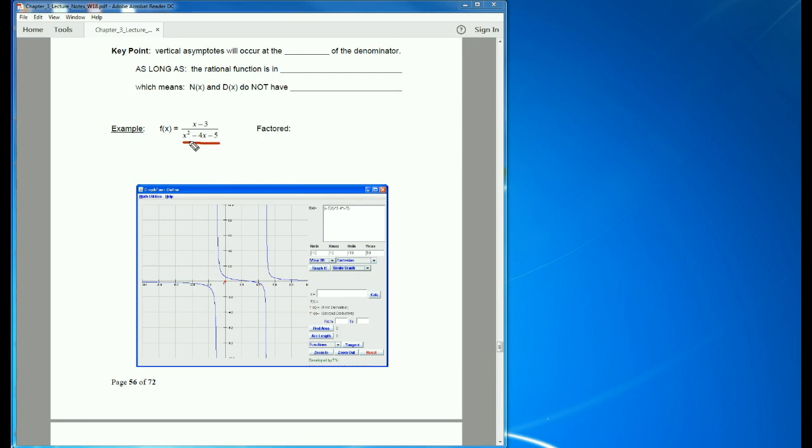If I factor the denominator, then we have f of x equals, nothing changes in the numerator, it's still just x minus 3 over, and then this would factor as x minus 5 times x plus 1.